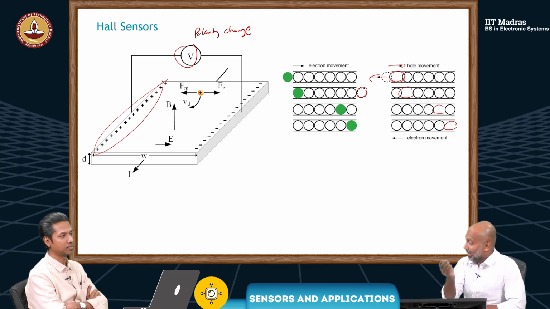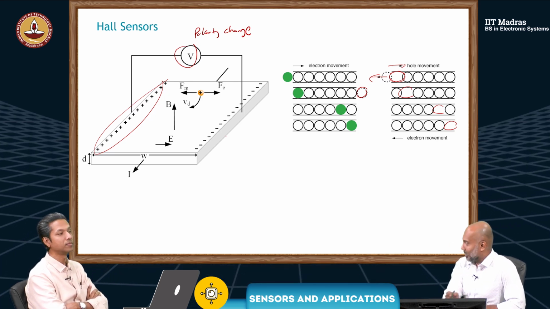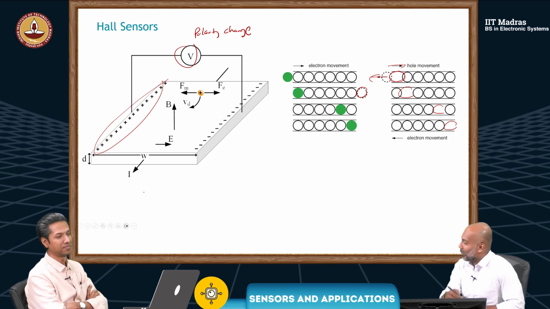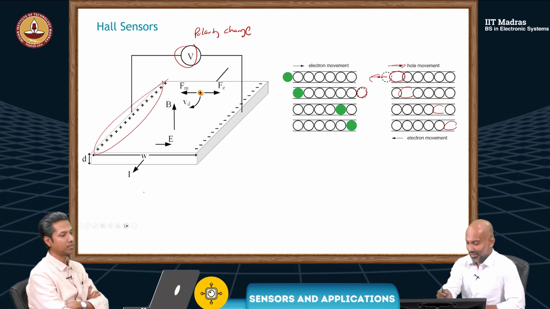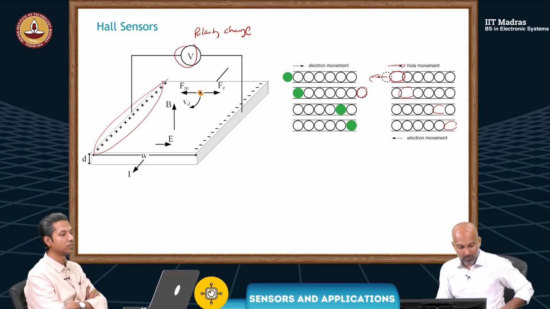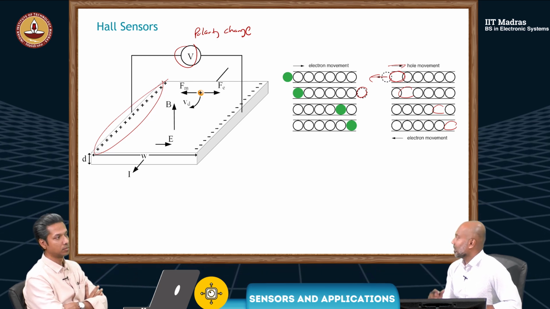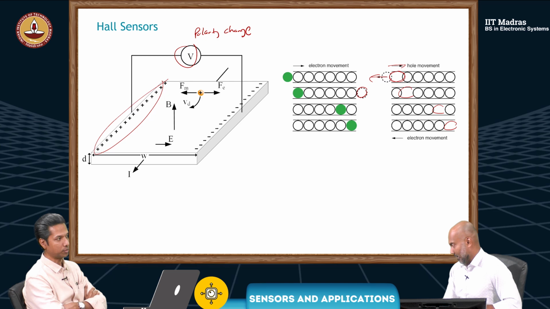So if the students go back, right, in the first slide, this was here, right? Now, depending on n-type or p-type, as you can see, the polarity changes. Okay. So, doped semiconductors are the best material to be used for the Hall effect.